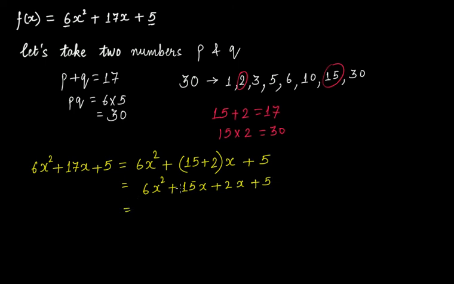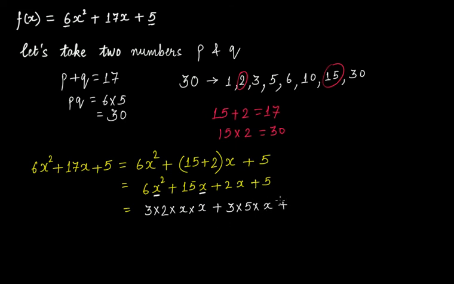Now this 6x squared can be written as 3 multiplied by 2 multiplied by x, plus this 15x can be written as 3 multiplied by 5 multiplied by x.